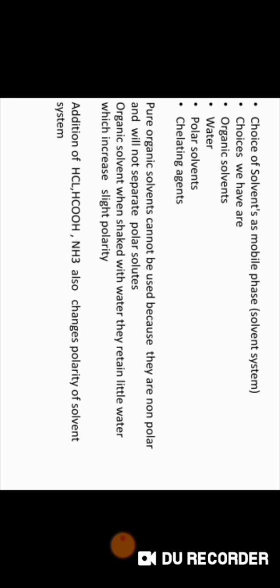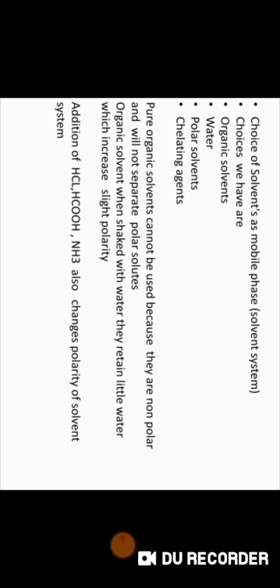Now we'll move towards our next step, that is the solvent system, its preparation and what choices we have. So, what choice of solvents can be used as mobile phase, or what kind of solvent system can be produced? We have choices: one is organic solvent, second is water, and third we can also go for polar solvents, or we can have chelating agents also.